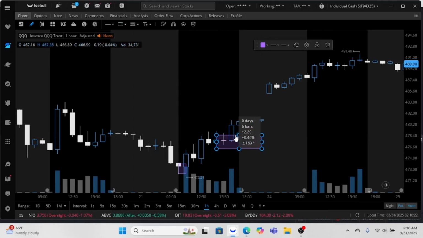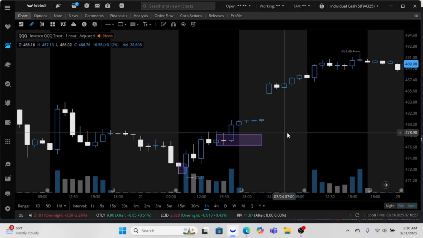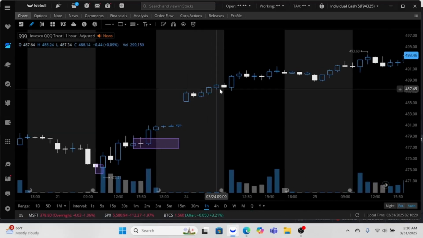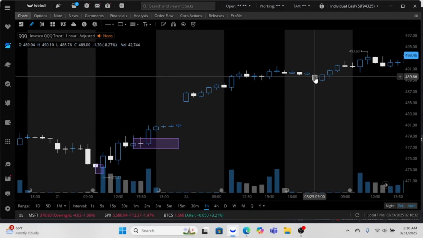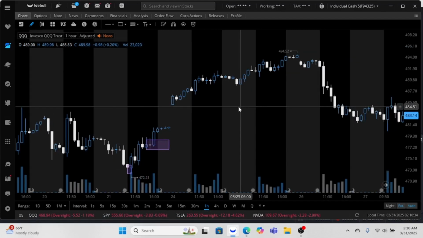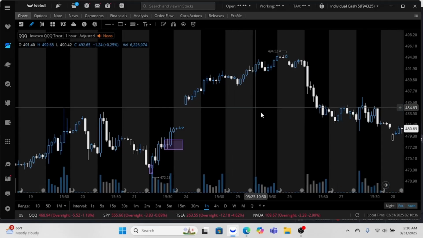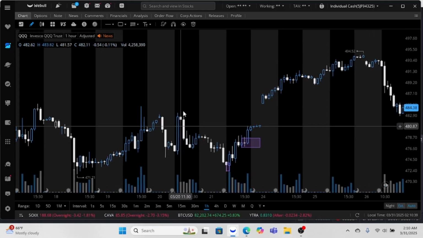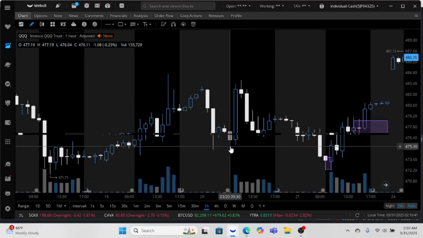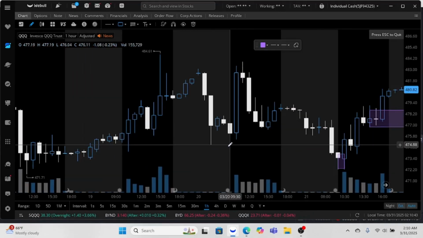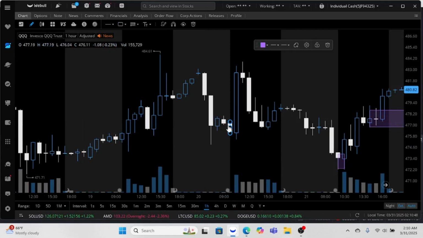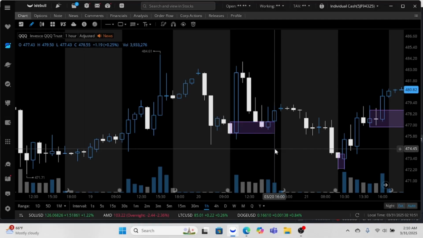Just extend that out. This candle right here. You have an order block here. An order block here. You have an order block right here. Extend that out. So those are your order blocks.